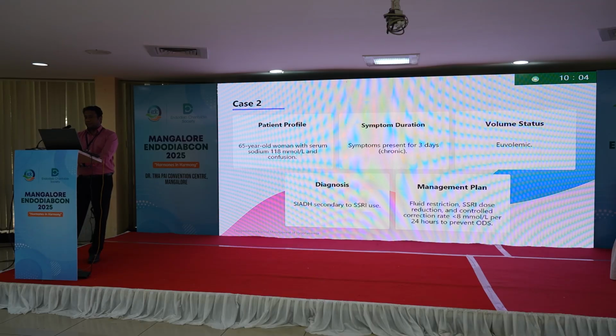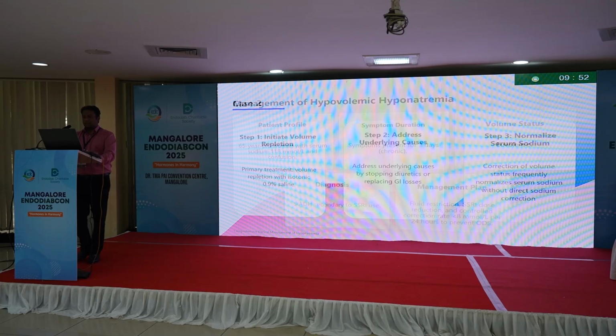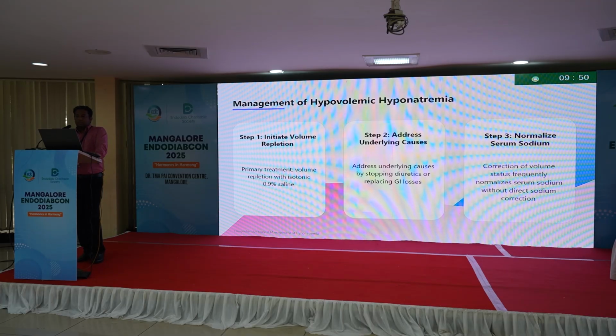She is euvolemic and on an SSRI. What is the plan here? Stop the drug and give extra salt, and since the sodium was very low, you could admit and give tolvaptan or 3% saline. Management of hypovolemic hyponatremia, which is the most common, depends on how bad the sodium is. You can initially treat with normal saline, address the underlying cause, and then finally treat.